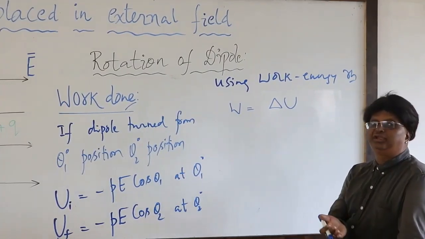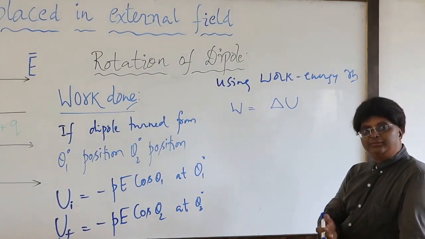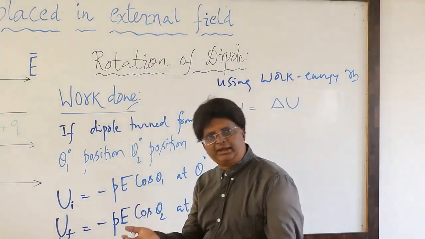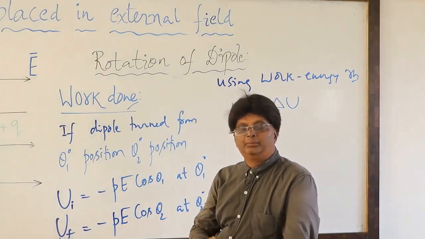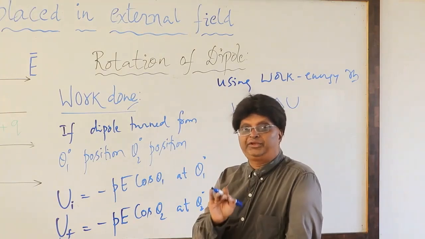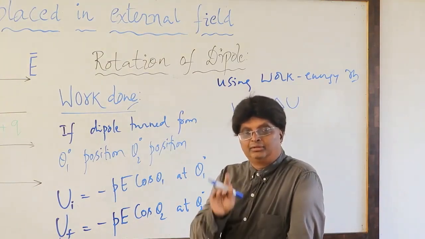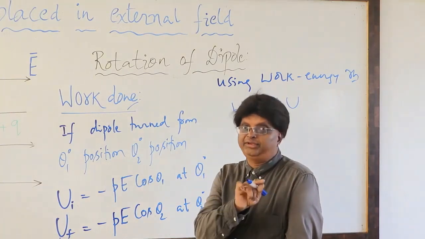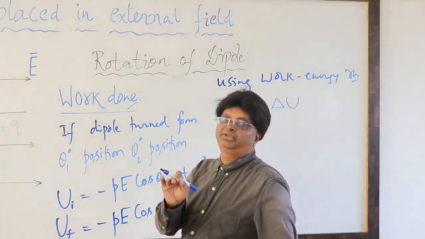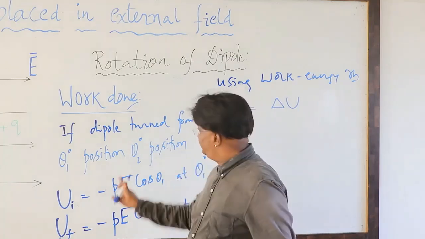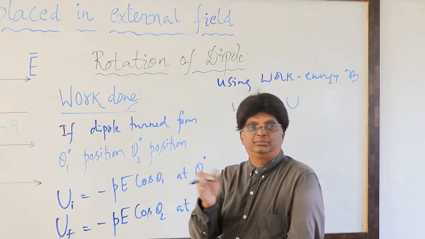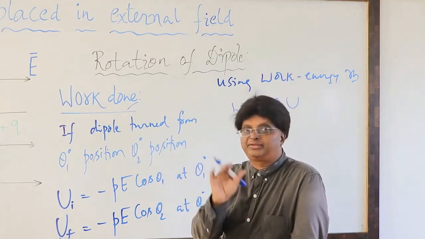Whenever you write a change, remember that wherever you come across this kind of negative sign, writing that difference needs to be in perfect order. The change is final value minus initial value, because with this negative sign, final minus initial and initial minus final, you will never get the same number.